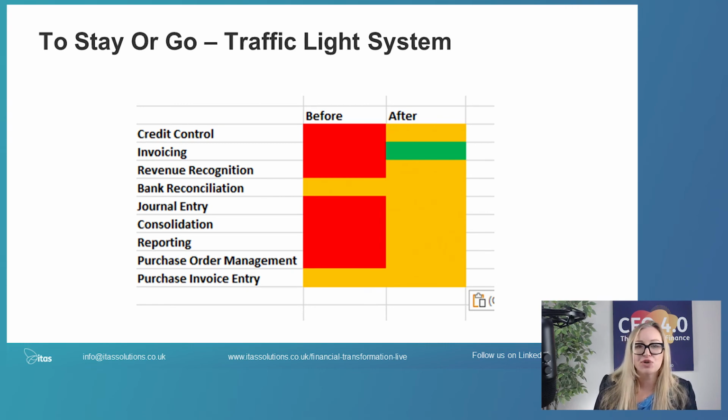Because if you can turn everything to green apart from one thing that goes yellow, then it may be that you should stick with your existing system. If, however, you review that system and, like this one, there's one green but everything else is yellow, and it's not really that automated, and it's all right but it's not going to be great, then it's worth going out and evaluating systems and alternative solutions.